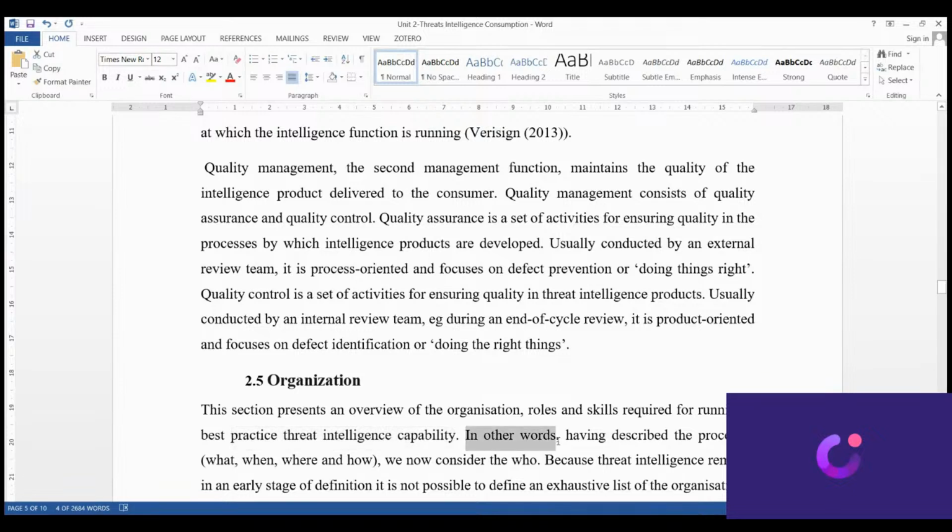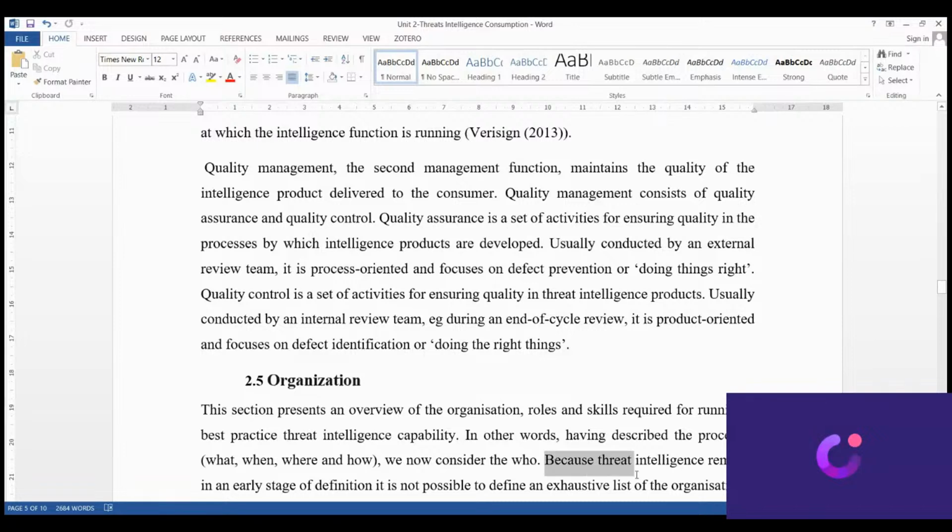In other words, having described the processes, what, when, where, and how, we now consider the whole aspect of the organization. Because we are talking about the roles as well as the skills. Who is supposed to do what?